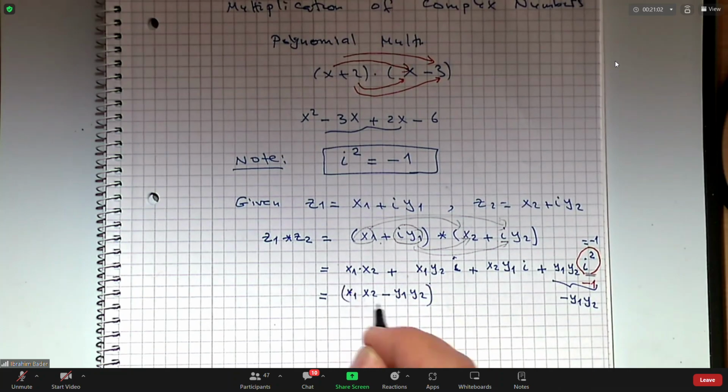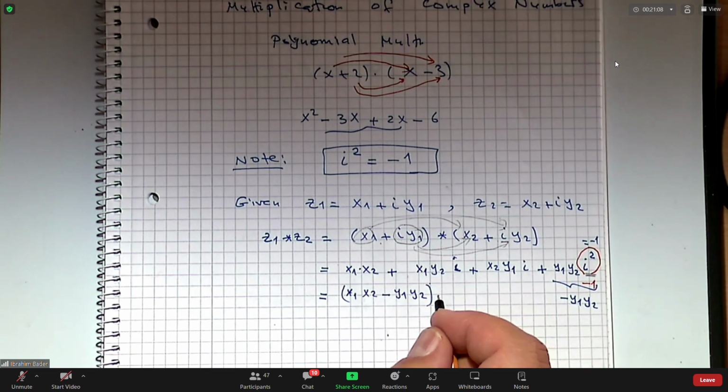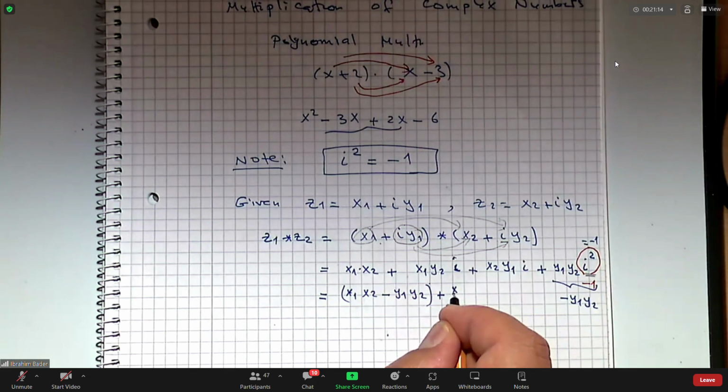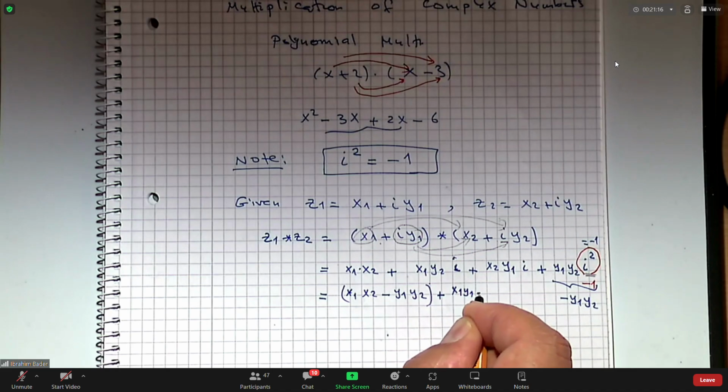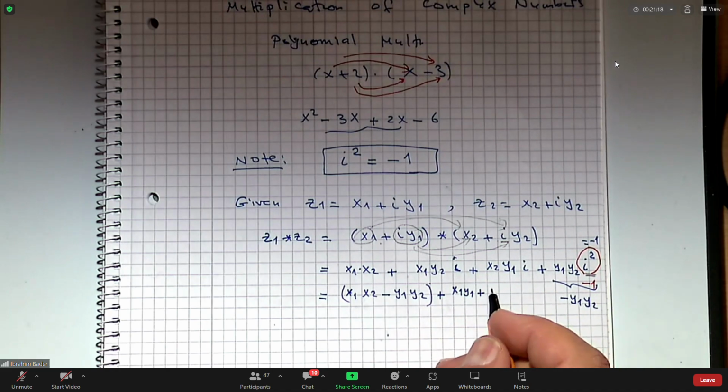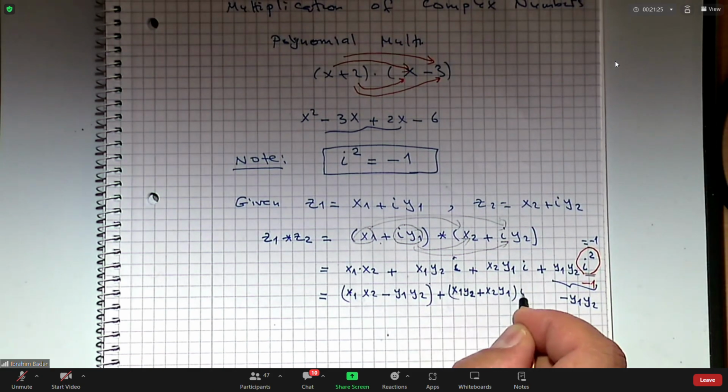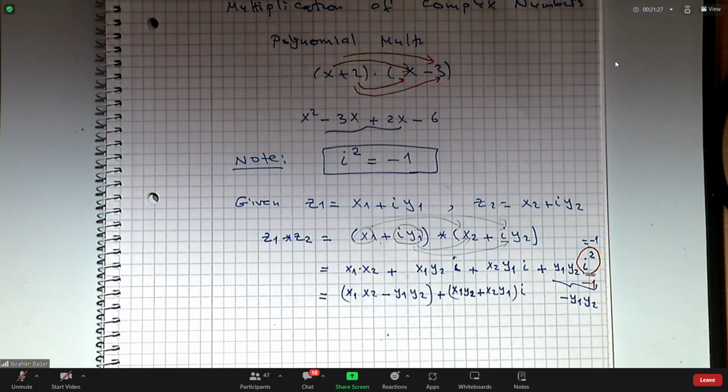And if I write it in the standard form, this is the real part, plus x1, y2 plus x2, y1, times I. This is the outcome here.